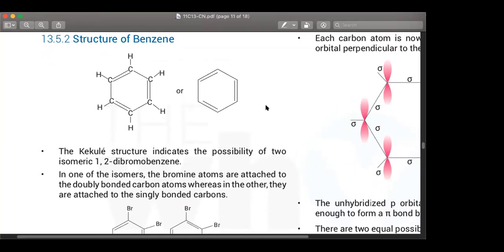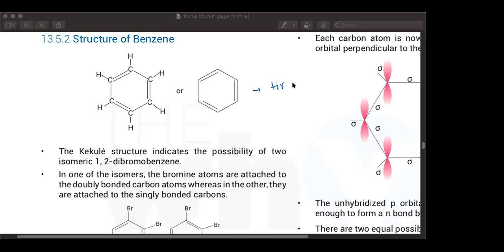So based on what Kekule had given for the structure, to satisfy the valencies of carbon and hydrogen, if there were alternating single and double bonds, it should technically be a triene. So there are 3 double bonds.